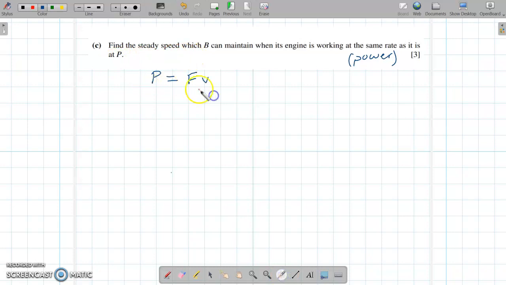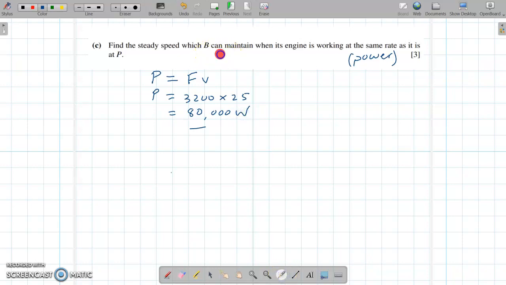That's a simple calculation. We know the driving force of the engine B, it's 3200, and we know the velocity is 25. Okay, so that comes to 80,000 watts, 3200 times 25. So the engine is working at a power of 80,000 watts. So when it's working at a power of 80,000 watts, what's the maximum speed it can maintain?